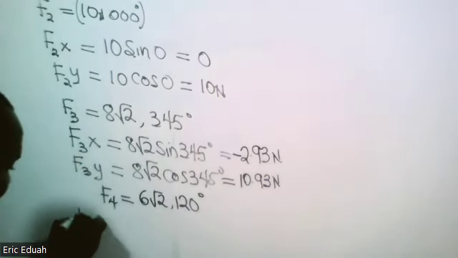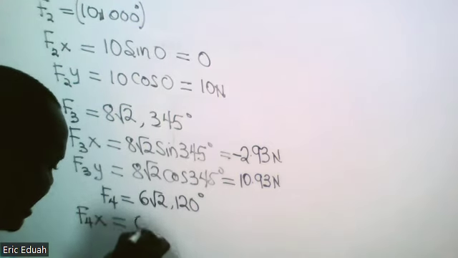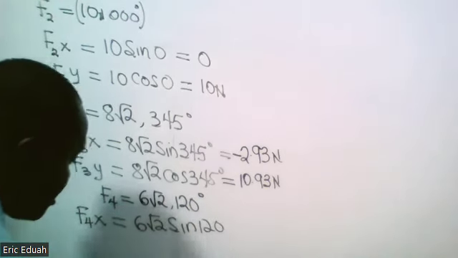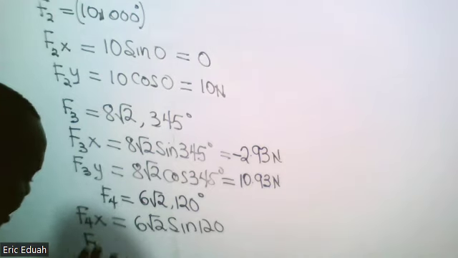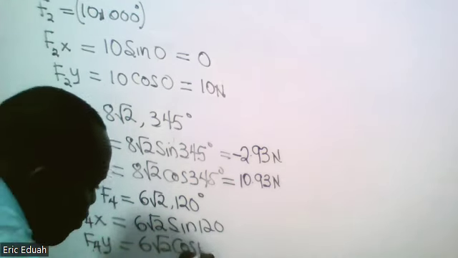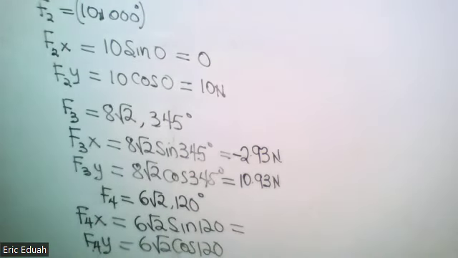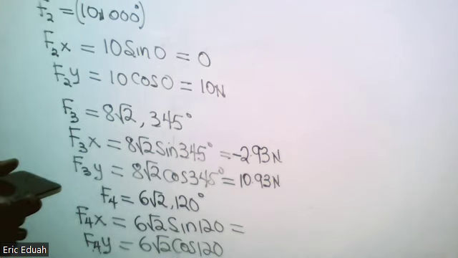So F4x would be 6 root of 2 sine 120, and F4y is 6 root of 2 cos 120. What is 6 root 2 times sine 120? Please, it's 6 root of 3.